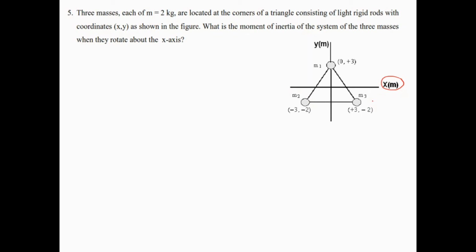Now we are going to apply the moment of inertia formula for each mass. As we already studied, the moment of inertia formula is m r square, right? So the net moment of inertia I is equal to m1 r1 square plus m2 r2 square plus m3 r3 square. Here r1 is the distance of the first mass with respect to the x-axis.